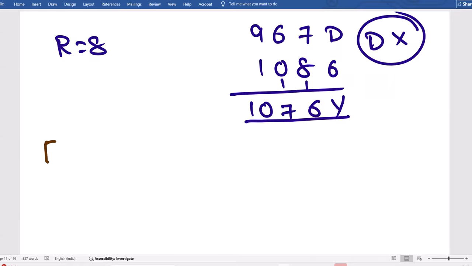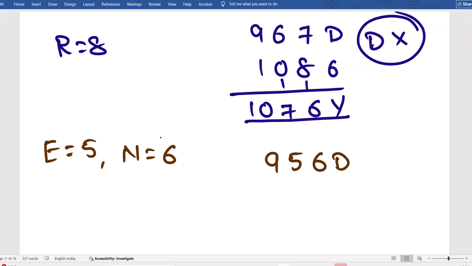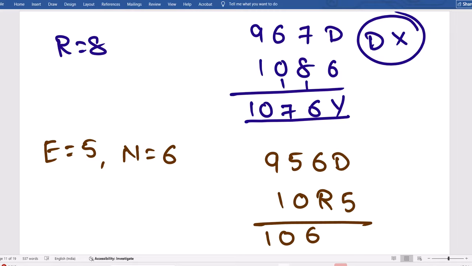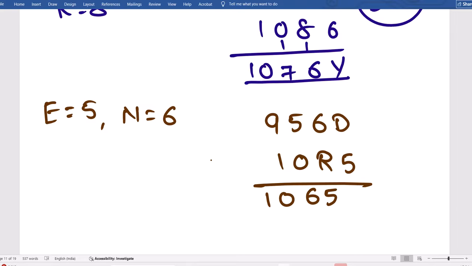Okay, when E is 5, N must be 6. 956D, 10. Now R value 8.